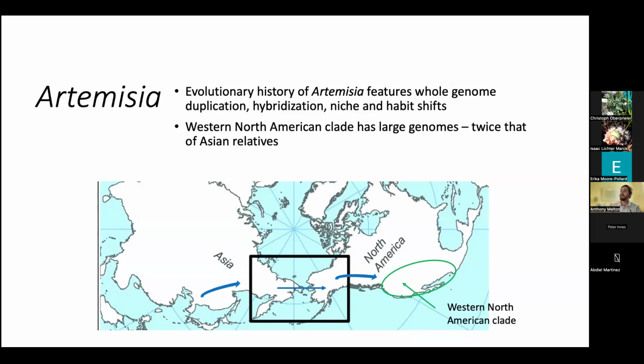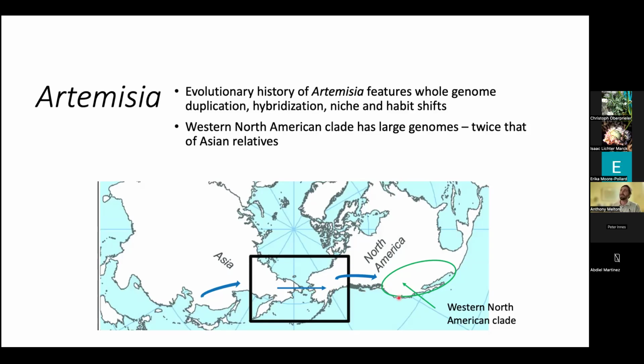Artemisia tridentata is a member of a group called the Western North American clade, which has an evolutionary history diversifying from members of Artemisia who were originally distributed in temperate Asia, migrated over land bridges, and then into Western North America, where it went from a really humid, temperate environment into a really arid habitat, where it's diversified into a somewhat small clade.